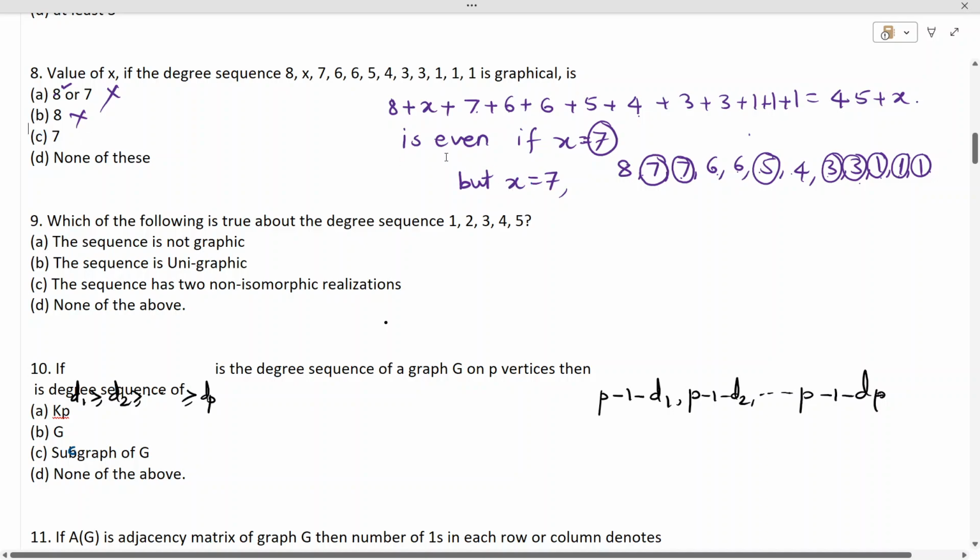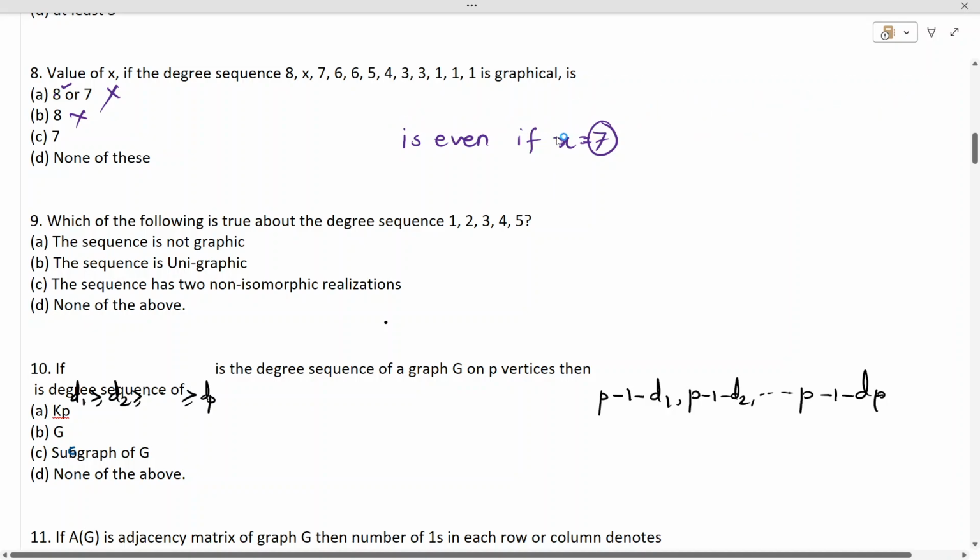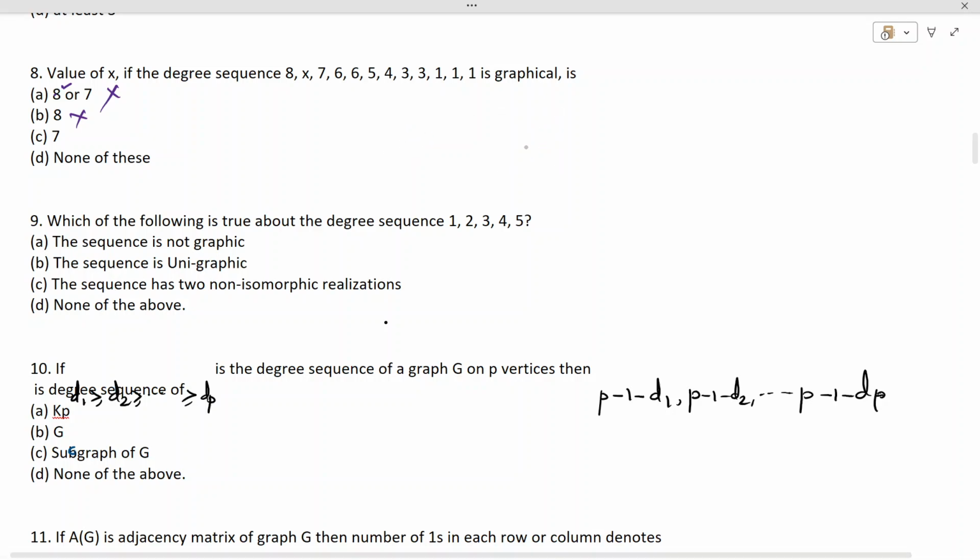I am further checking, after substituting x equal to 7, whether this sequence is graphical or not. We will apply the Havel-Hakimi algorithm to find whether the sequence is graphical.